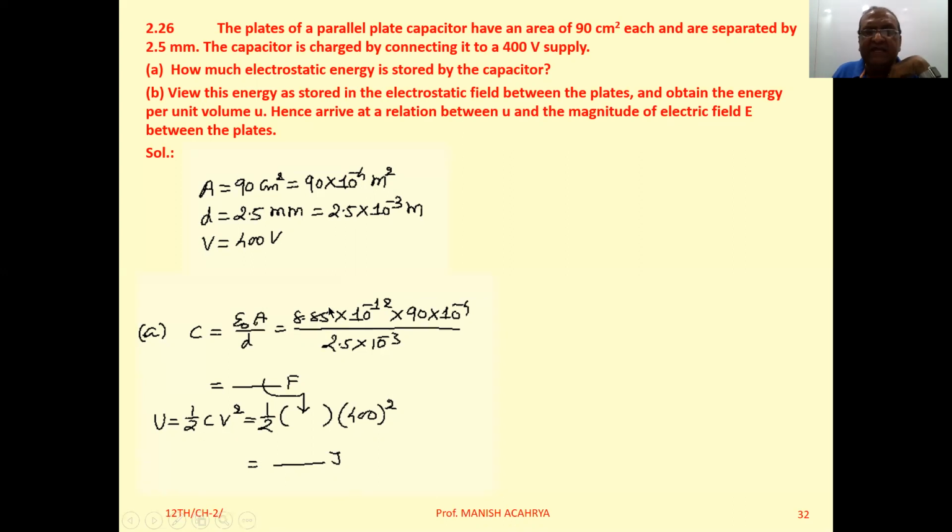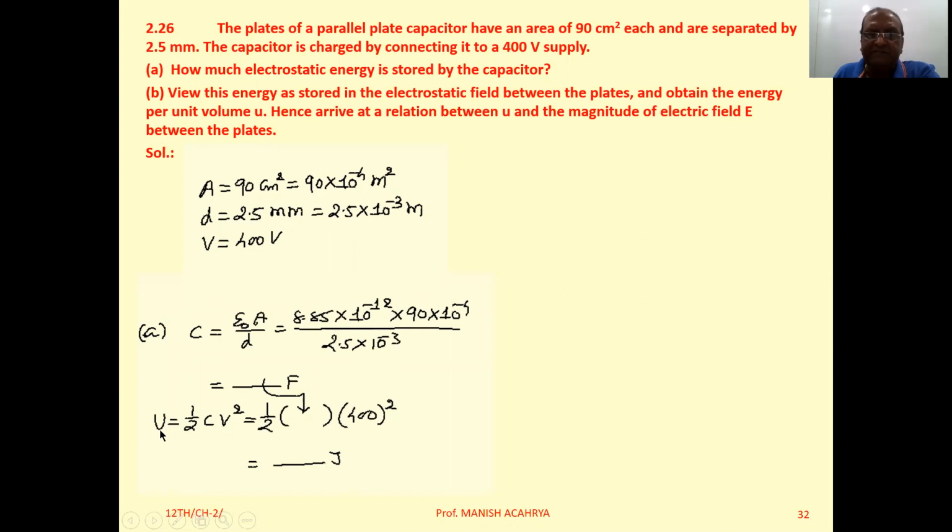Epsilon 0 is 8.85 into 10 raised to minus 12. Area is 90 into 10 raised to minus 4, upon separation D, that is 2.5 into 10 raised to minus 3. Solve this one, you will get the capacitance.